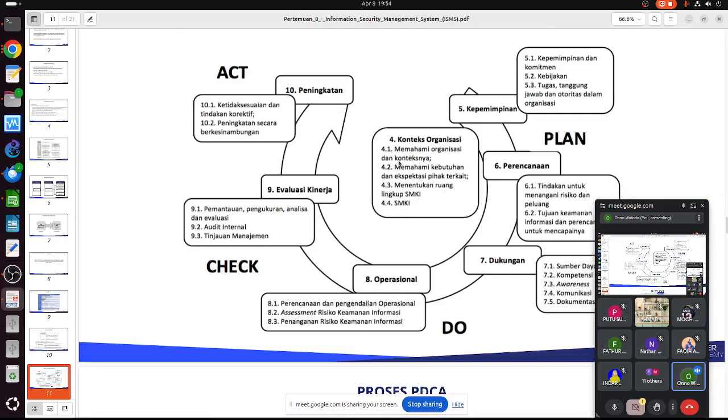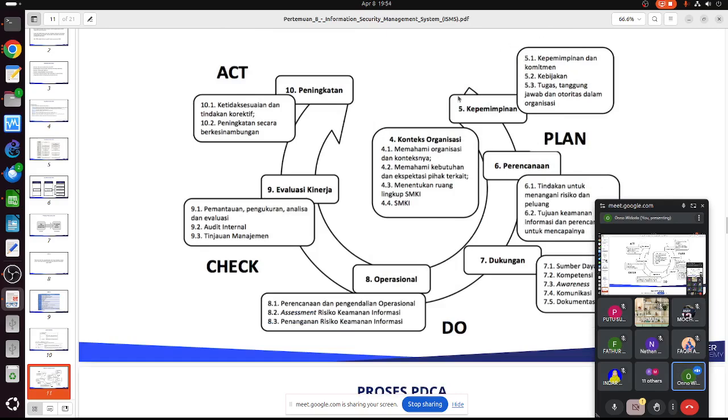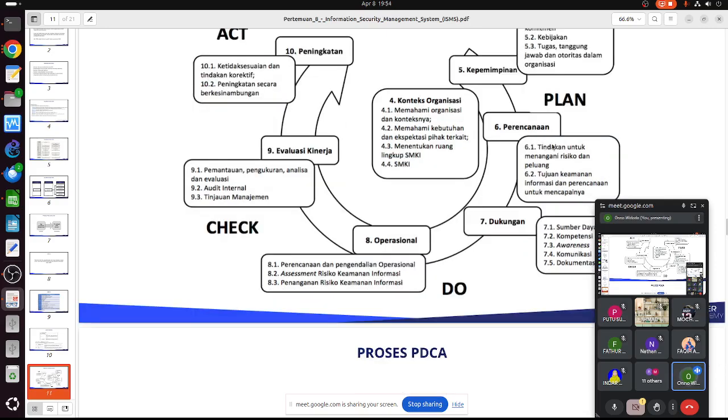So basically the whole process is this. The cycle of the process is this. We have the planning process from the leadership, commitment, policy, and so on. And then in the planning process, we have risk, and so on.